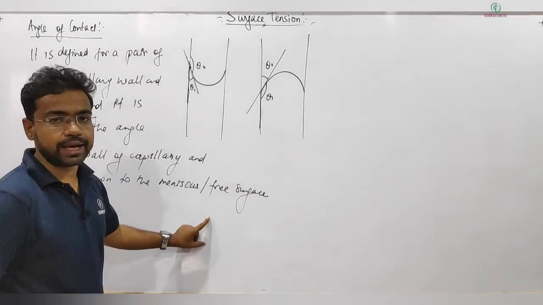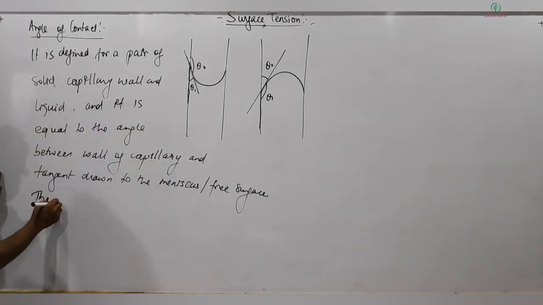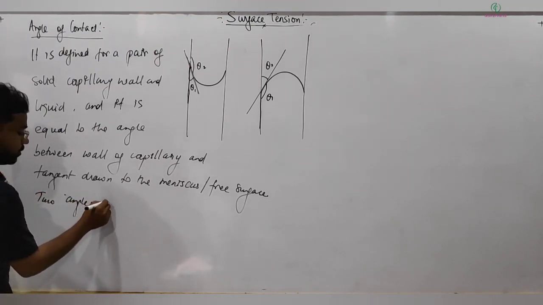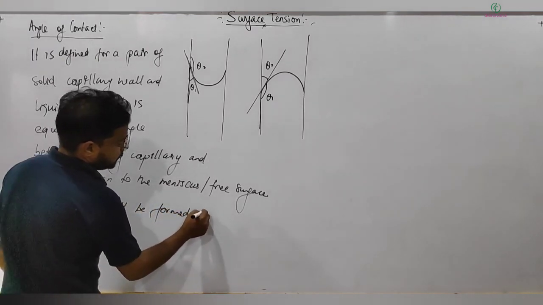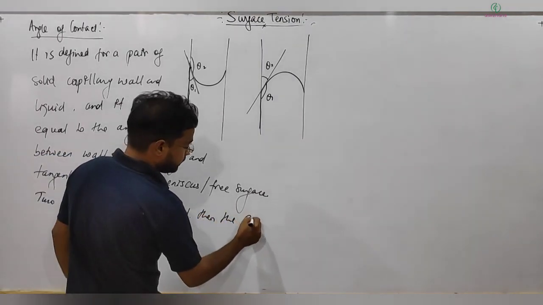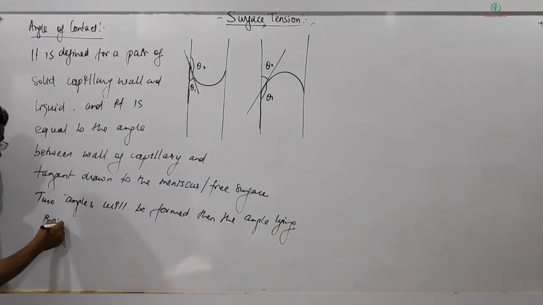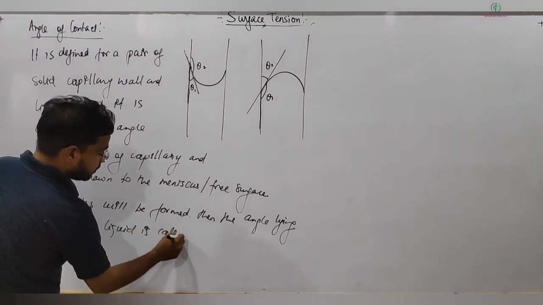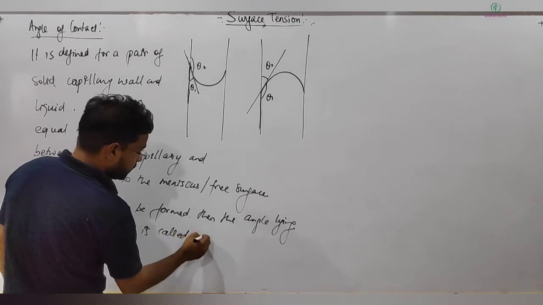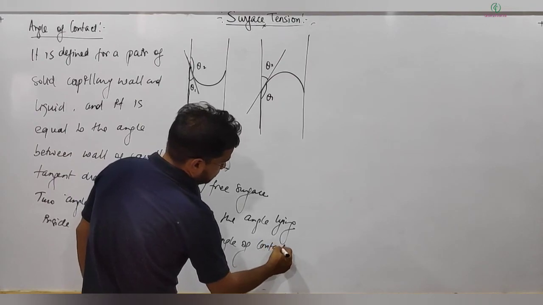And there are two angles lying in this situation, theta 1 and theta 2. Two angles will be formed, then the angle lying inside the liquid is called as angle of contact, right?